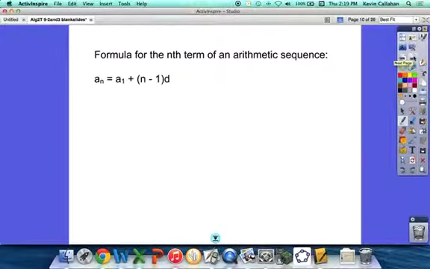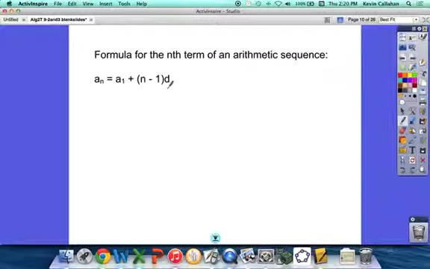Right, so the formula for the nth term of an arithmetic sequence is found by this formula. a sub n, the nth term, equals a1 plus n minus 1 times d. What does the a1 represent? First term. And the d is common difference.